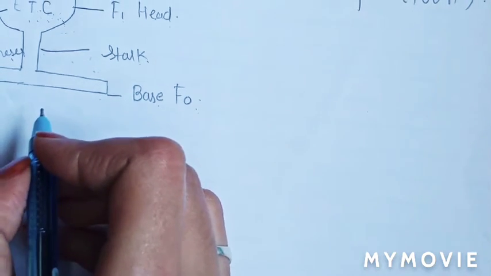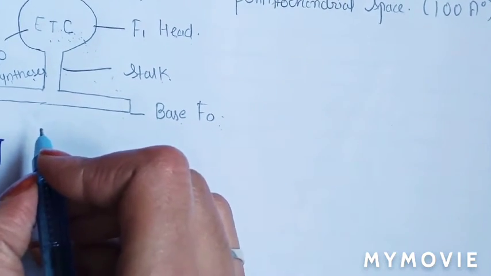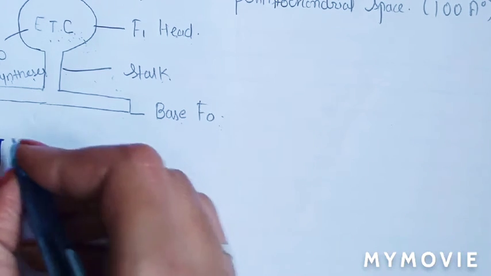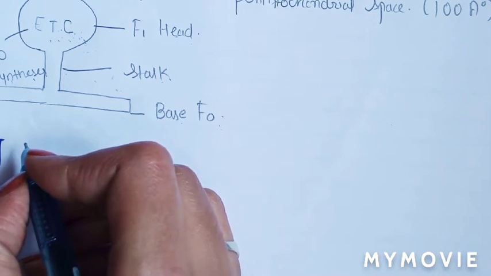This mitochondria is a double bounded membrane or double membrane bound organelle.